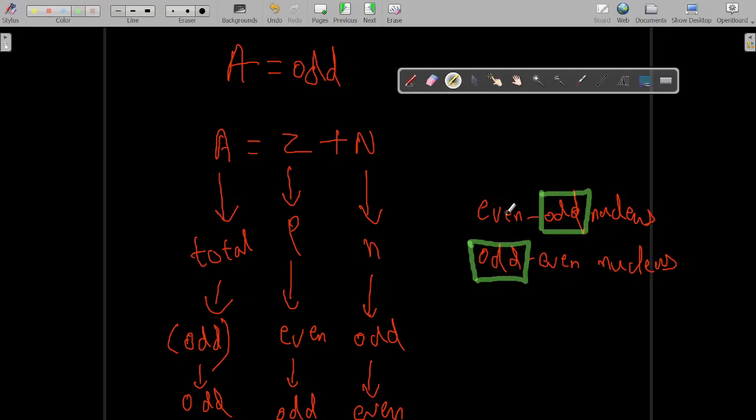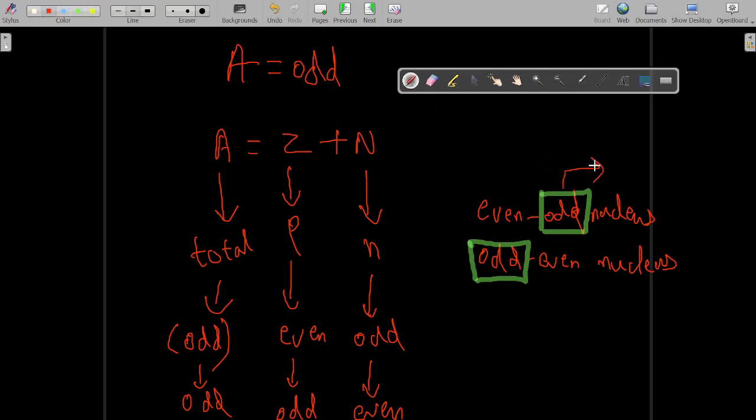So only the odd entities will affect the magnetic moment. In this case, as the number of protons is odd, this proton will determine the magnetic moment, and in this case the number of neutrons is odd, so the neutron will decide the magnetic moment.